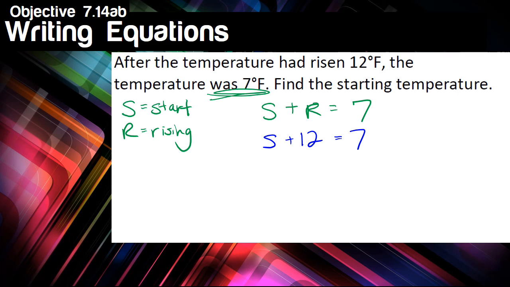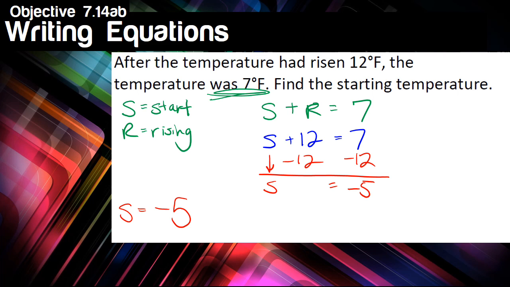We're going to subtract 12 from both sides. Our starting temperature is equal to -5. So the way we're going to write this, our starting temperature is equal to -5, and then our label is right there, degrees Fahrenheit, which is frigid, freezing cold.